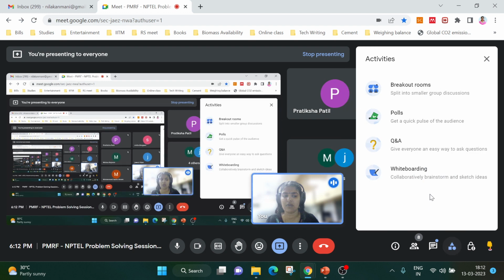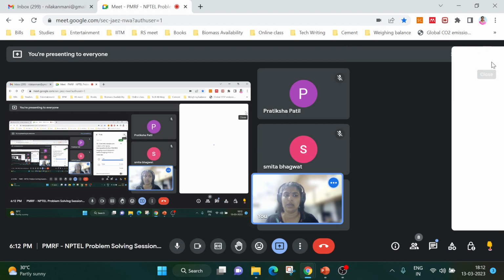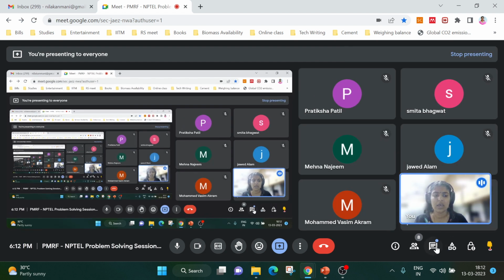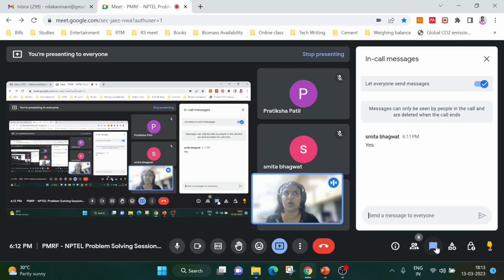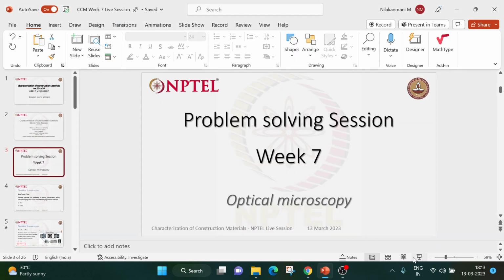Out of that, you have to choose polls. Then you can see the questions launched. You can give your answer only when we discuss the question in the class. If it's a match the following question, a numerical problem, or a multiple choice question with more than one correct option, then you can give your answer in the chat box. Now, getting back to the PPT.